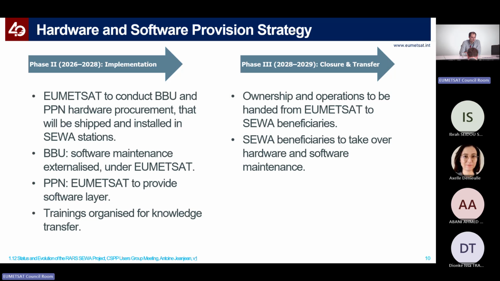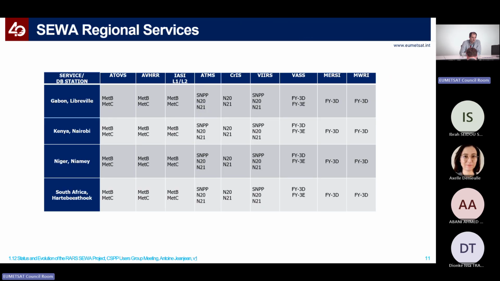For the PPN, EUMETSAT will provide the software layer, and training will also be organized for transfer of knowledge. In 28 to 29, the ownership and operation will be handed over from EUMETSAT to the SEWA beneficiaries. And from this phase 3, SEWA beneficiaries will then take over hardware and software maintenance. I think I am well on time.